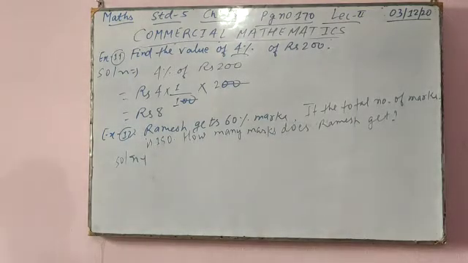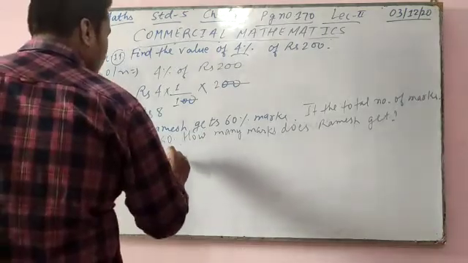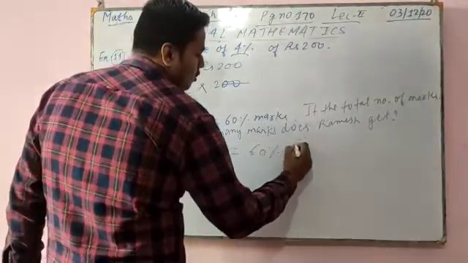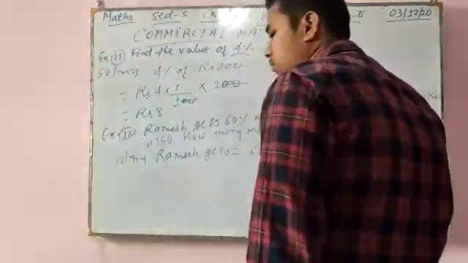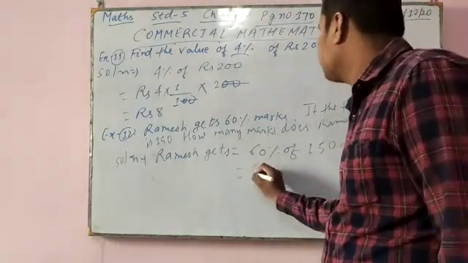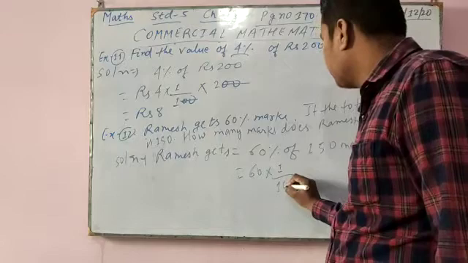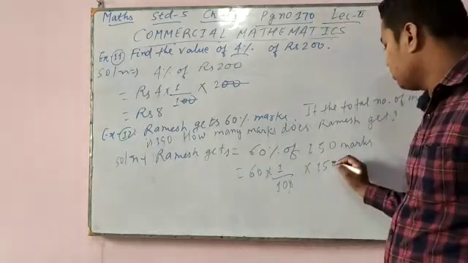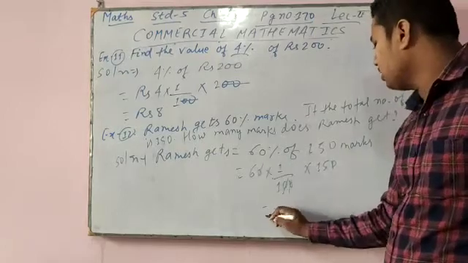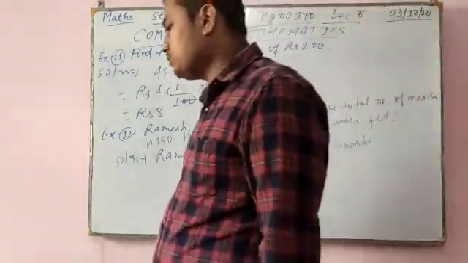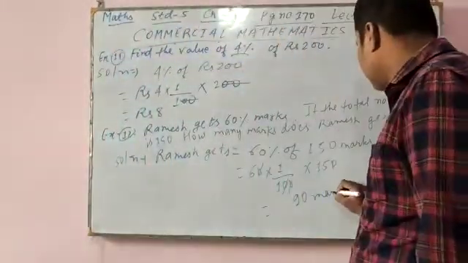Now you have to change it into a number. So Ramesh gets, he got 60% of 150 marks. 60% means, I already told you, 1 by 100, of means multiply 150. Okay. So from 10 to 10, 15 into 6 is 90. So how many marks did he get? He got total 90 marks out of 150.